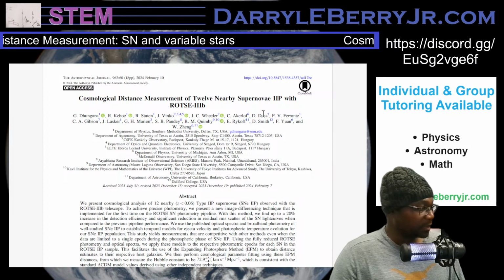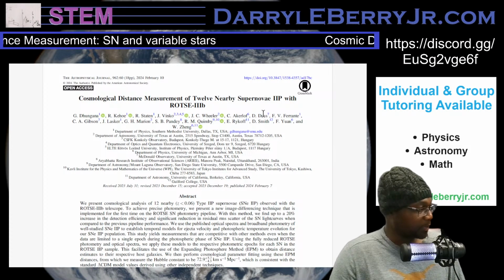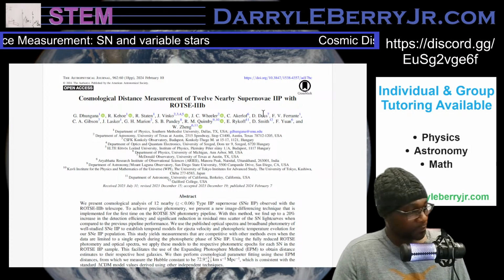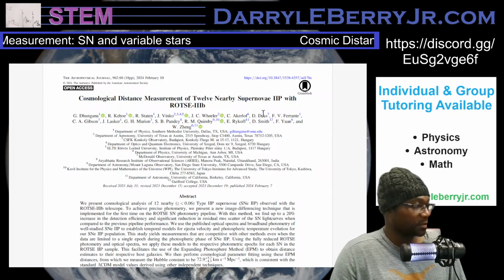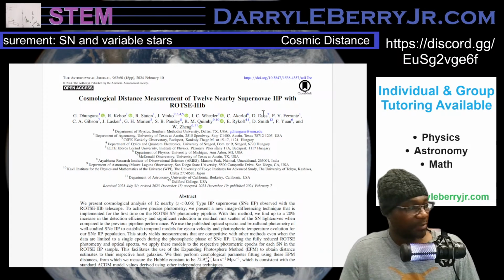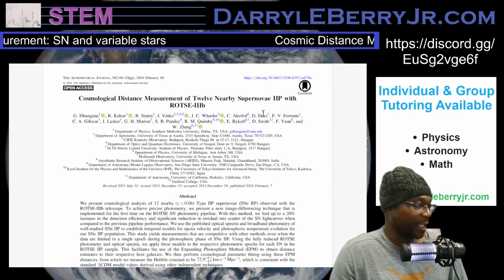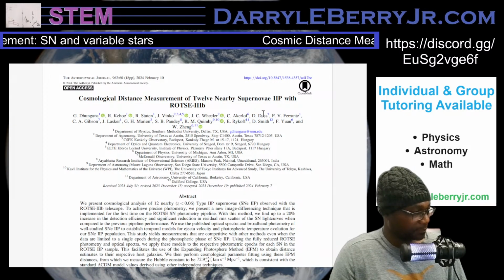You can see the SMU folks leading the paper: Dungana, Keel, Staten, Vinko. If I remember right, he was at UT at the time. So two of my current school and my alma mater are the lead authors on the paper.